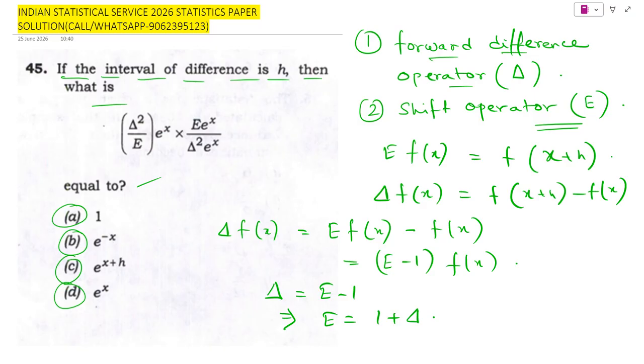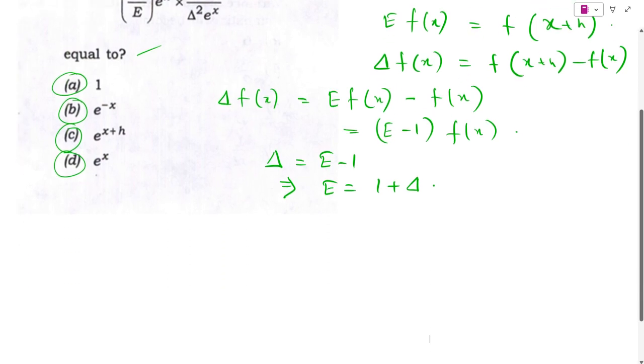Now, let's address something vital. Can we treat these operators like standard algebraic numerators? Let's clarify this. In finite difference calculus, operators like delta, E, and the identity operator behave exactly like standard polynomials because they are linear operators that possess the commutative property when acting on constant coefficient environments.